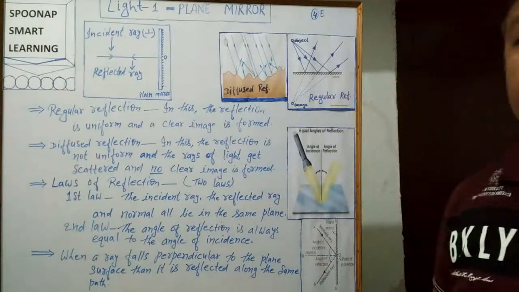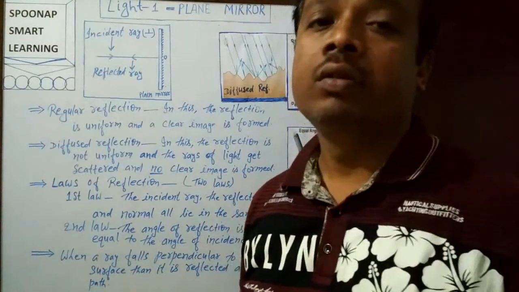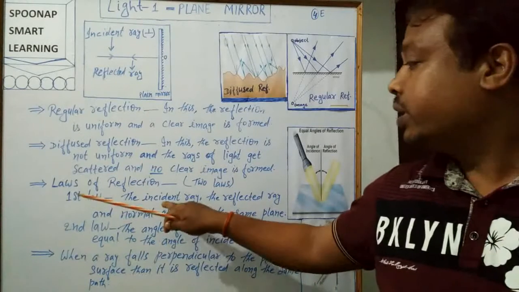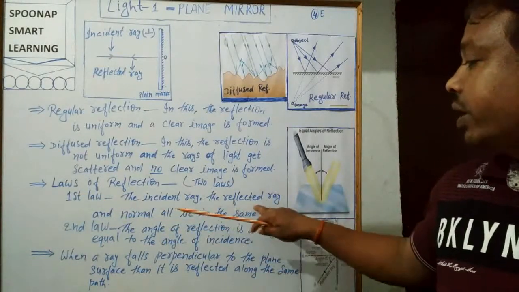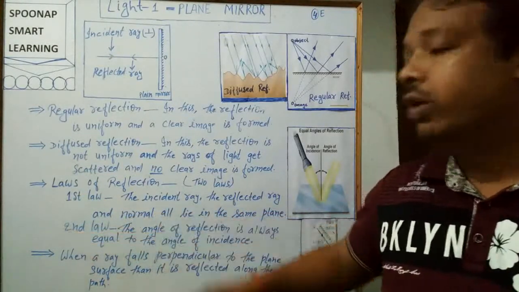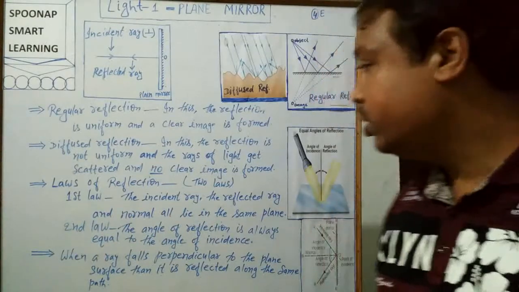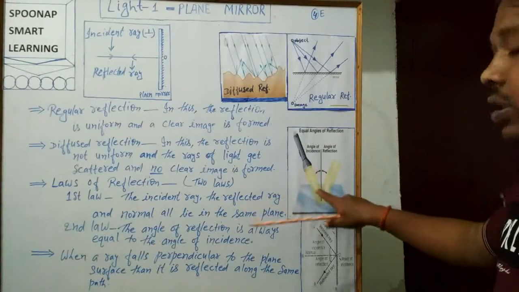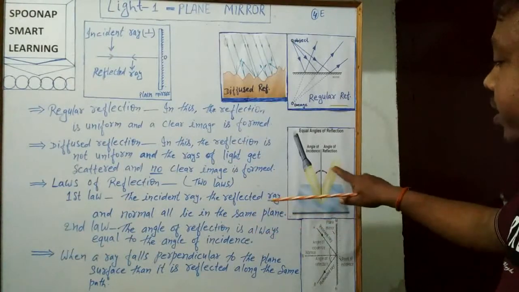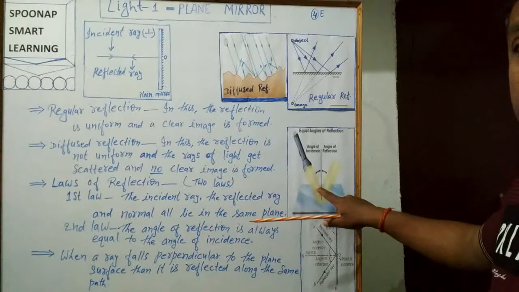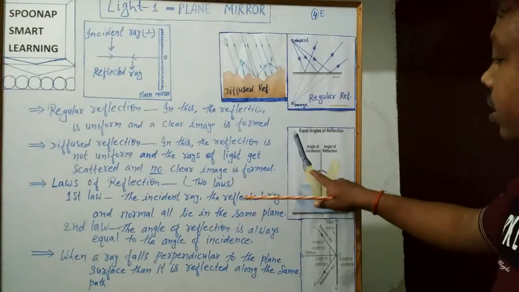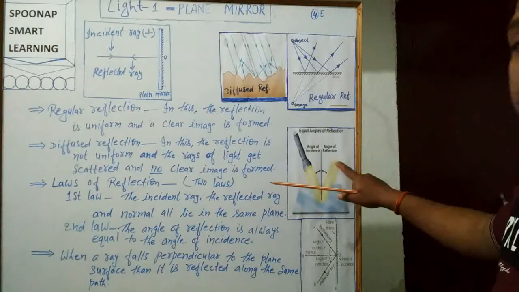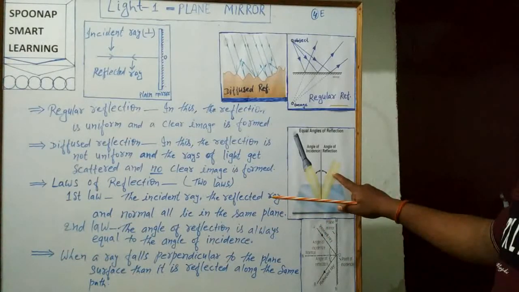Now we will understand the laws of reflection. There are two laws of reflection. The first law says that the incident ray, the reflected ray, and the normal all lie in the same plane. You can see this diagram. This is the incident ray, this is the reflected ray, and this is the normal. When the ray is incident on this, it gets reflected along this path.